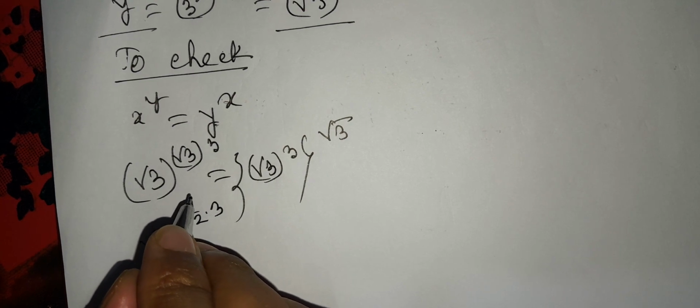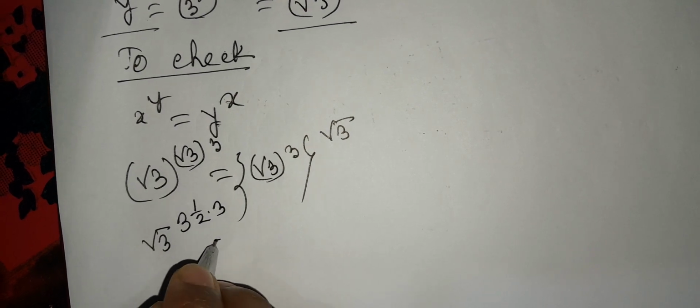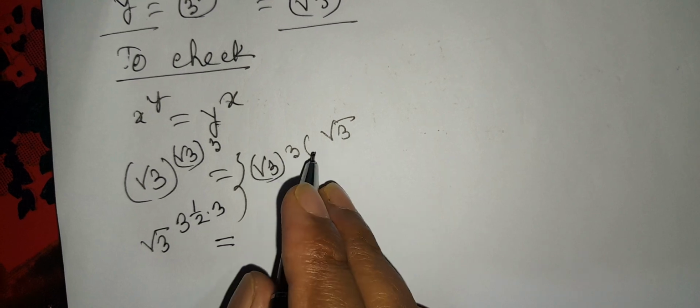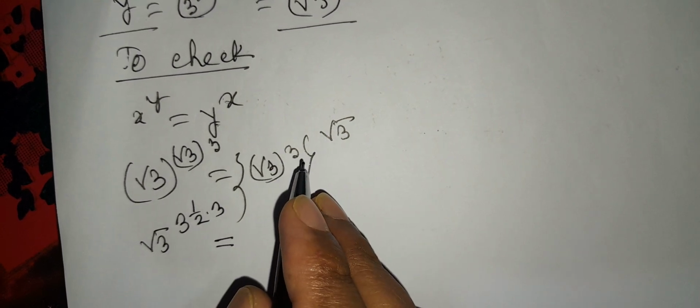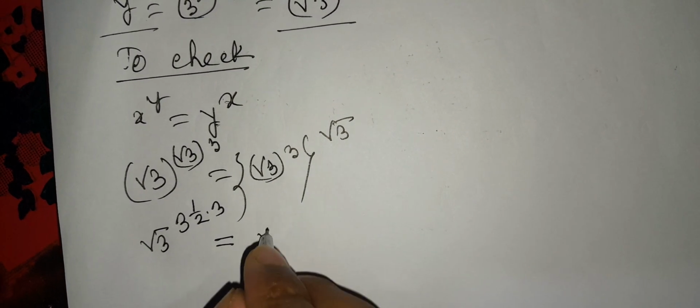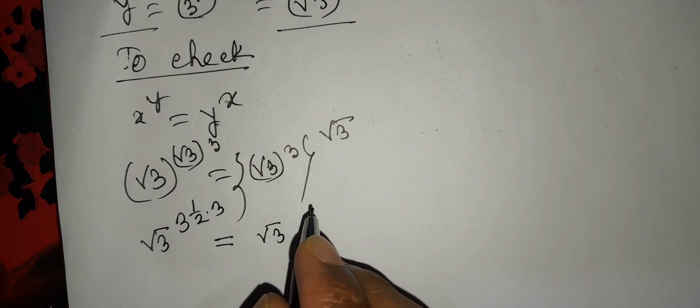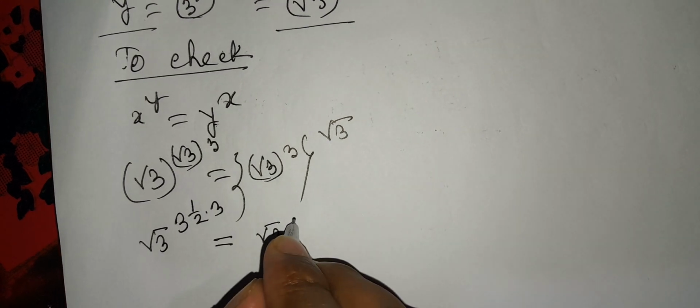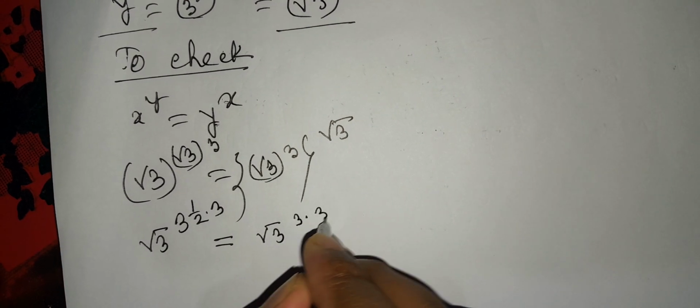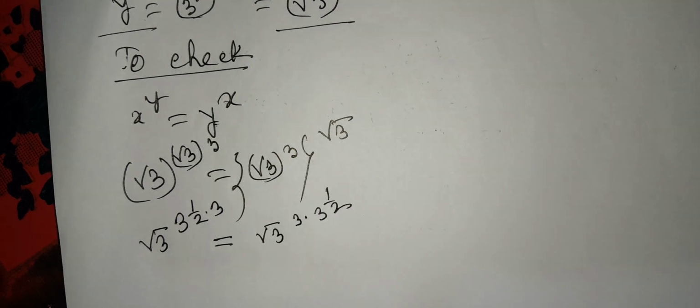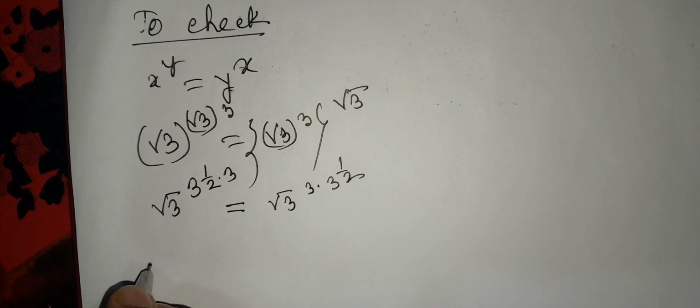Okay. Half and 3 equal to, here we can write root 3 into 3 to the power half. Okay.